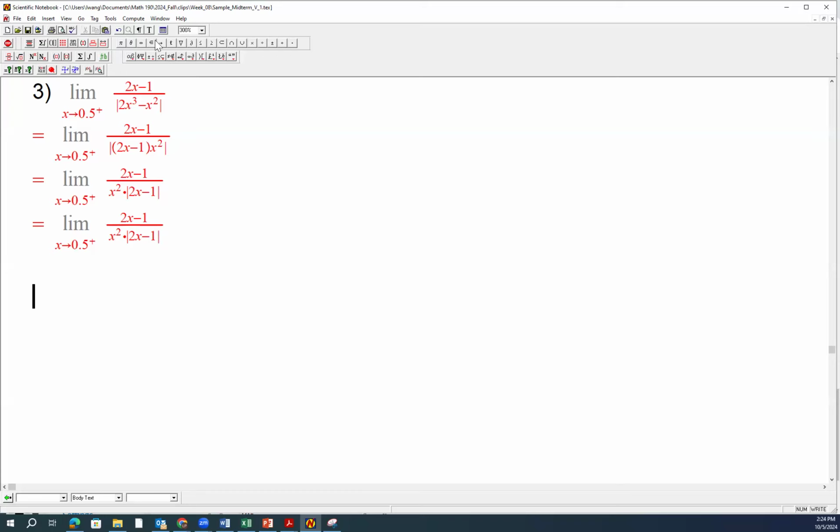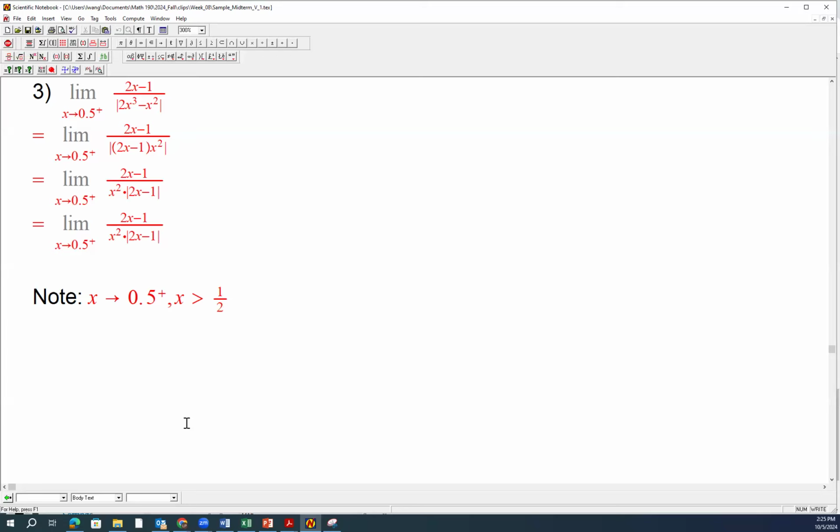Why is that? So here, I'm going to put a little note so you can figure this out. These are the little mathematical tricks you can use. When x is approaching 0.5, 0.5 is half, right? So x is larger than half, because approaching half from larger than half.